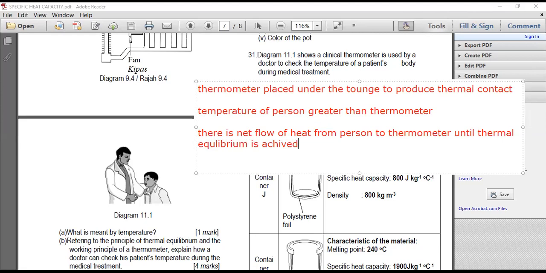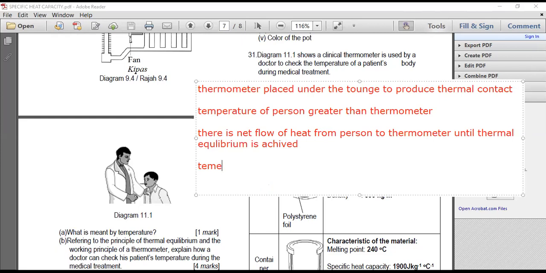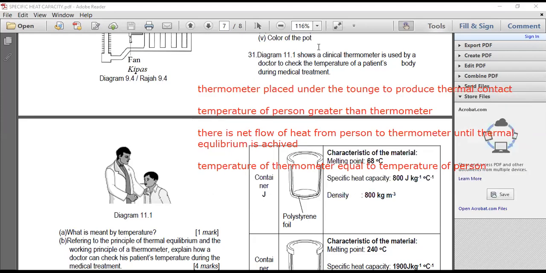Then say the temperature of the thermometer is equal to the temperature of the person. You get 4 marks for all this.